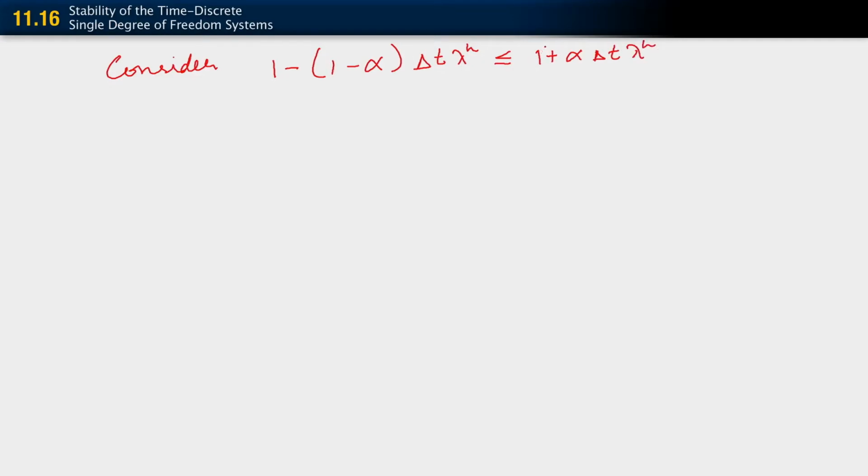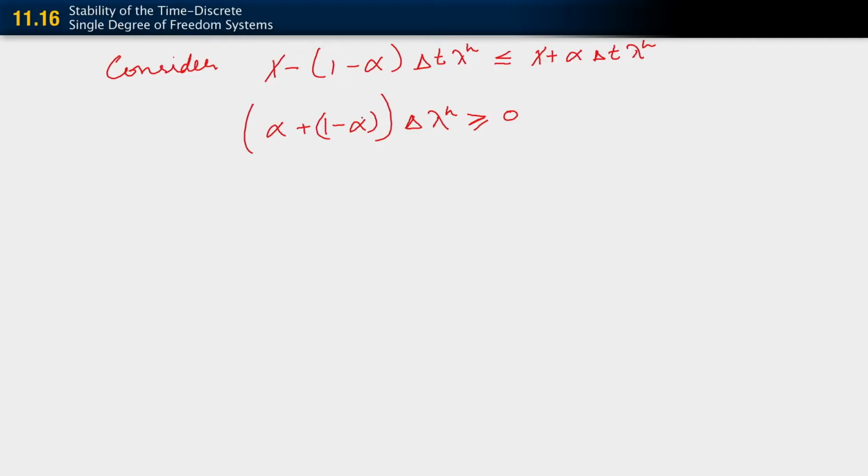We see that the ones cancel out, and we manipulate things, and what we see here is that alpha plus 1 minus alpha, times delta t lambda h, has to be greater than or equal to 0. We do this by simply moving what remains on the left hand side of the inequality on the first line over to the right hand side.